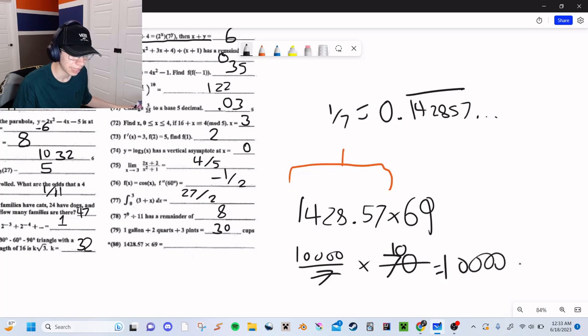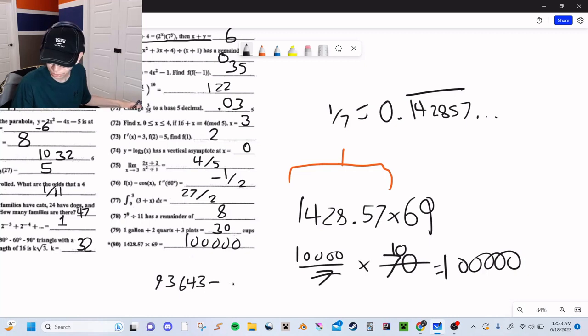And so I get about 100,000 as my answer. So this one's not too bad. But you have to know your sevens, right? And that's pretty close because the answer range is 93,643 to 103,499. So we're right there in the middle, kind of.